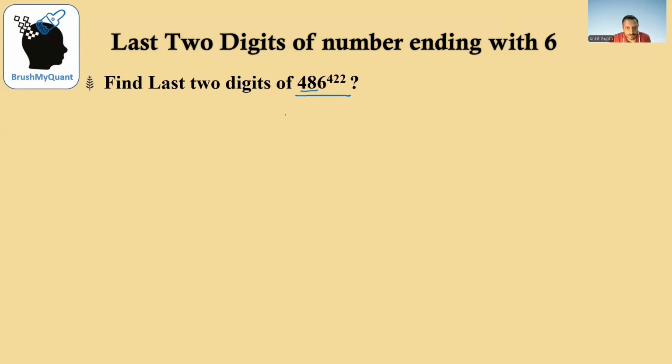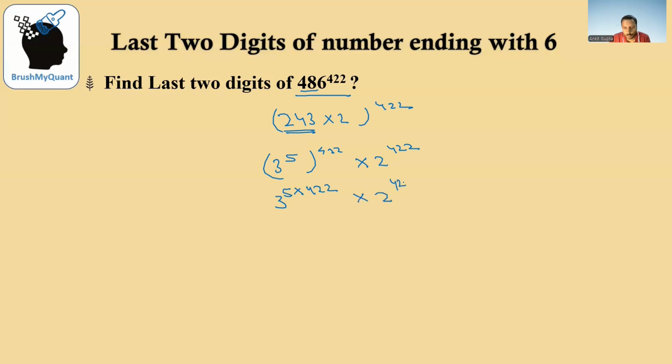So if we simplify this, we will get 243 multiplied by 2 whole raised to 422. 243 can be written as 3 raised to 5 whole raised to 422, multiplied by 2 raised to 422. So this becomes 3 raised to 5 into 422, multiplied by 2 raised to 420 plus 2.